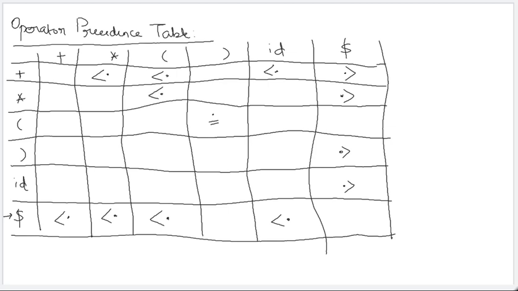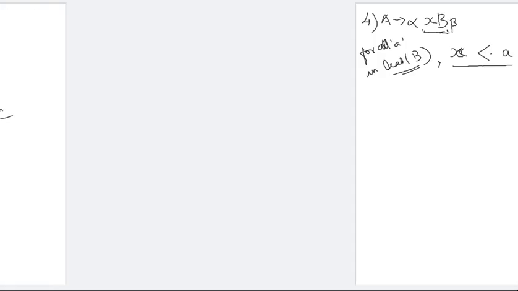For the second production, star has a lesser relationship with open bracket and ID. And finally, open bracket has a lesser relationship with star, plus, star, open bracket and ID. Okay. So thus we have filled the answers for these rules.